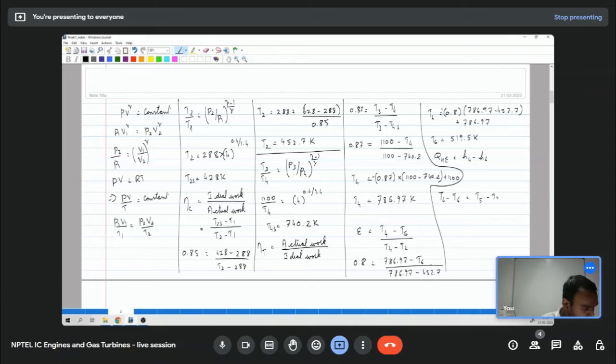So T4 and T6 we have. T4 is 786.97 minus T6 is 519.5. This is equal to T5 minus T2. T5 is unknown, but T2 is known. T2 is 442.7. So that means T5 is 720.17 Kelvin.